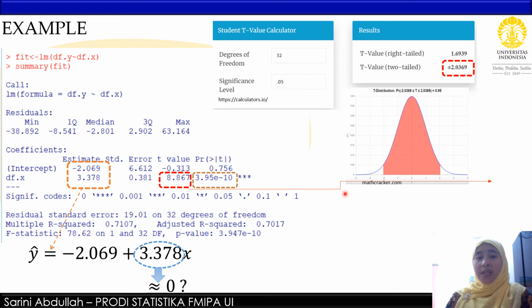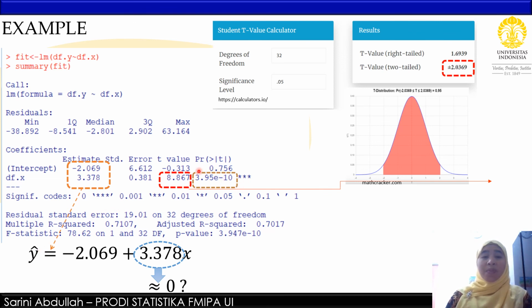It means that this value is the area here, if we just continue this line. So this almost zero value represents the probability of making a mistake in rejecting the null hypothesis if the null hypothesis is correct, that is x is not contributing in predicting y.